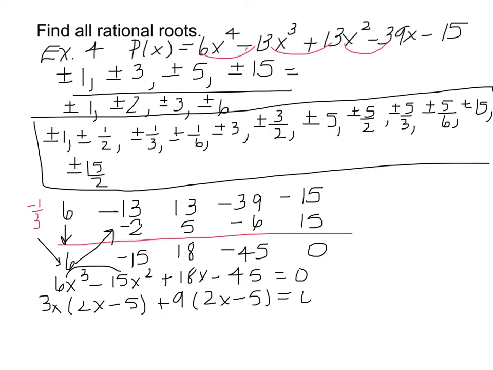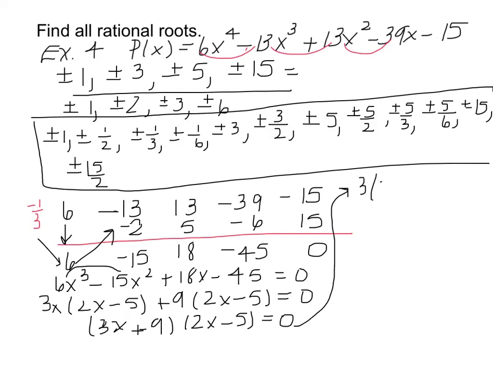Oh, it works. So my factors are 3x plus 9 and 2x minus 5. And actually, with this one, I could take out a 3, which I should have done first anyway.